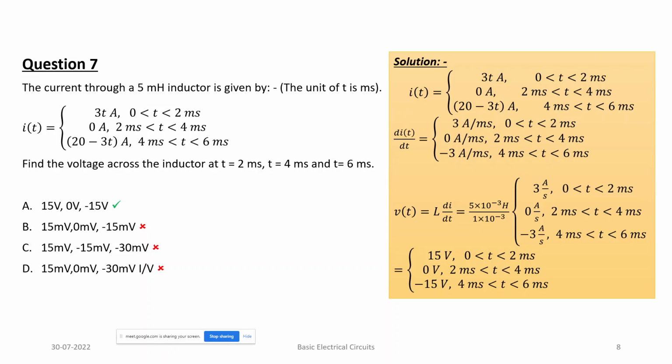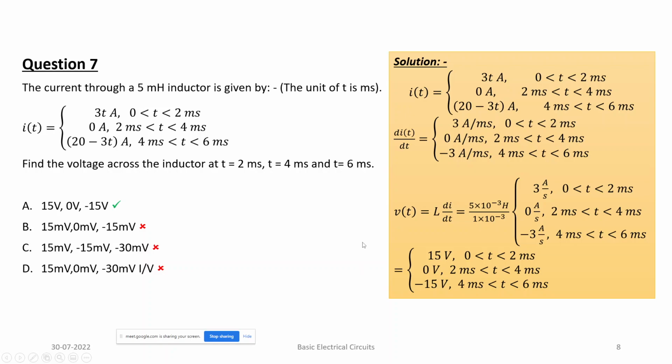Lokesh, you were saying that V equals L di by dt, or somebody else was saying that inductance is V by di by dt, right? When I asked what inductance is, that definition is actually wrong. It is derived from the basic definition that inductance is the constant of proportionality between the magnetic flux linkage of the coil and the current through the coil, and Faraday's law.